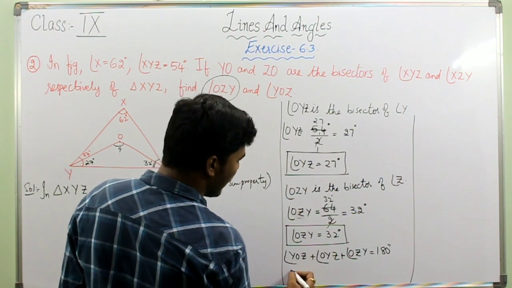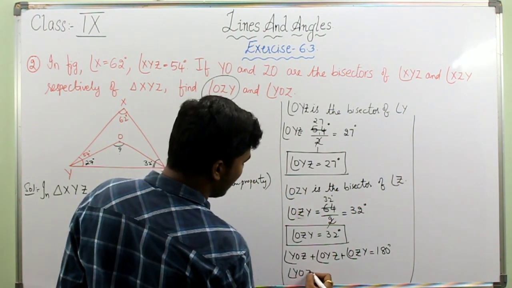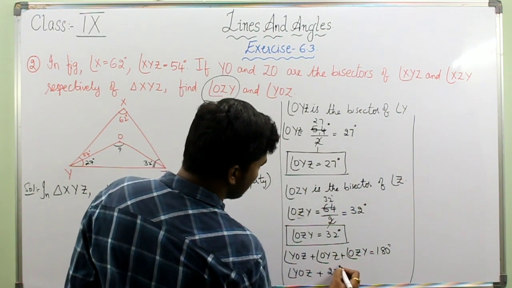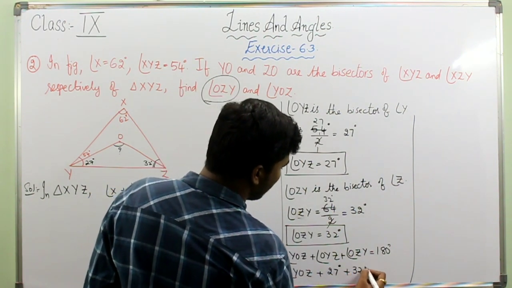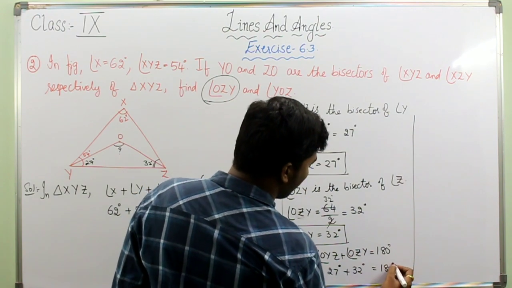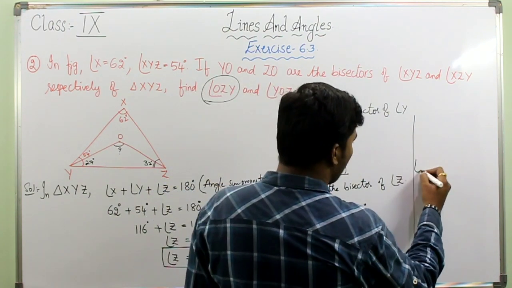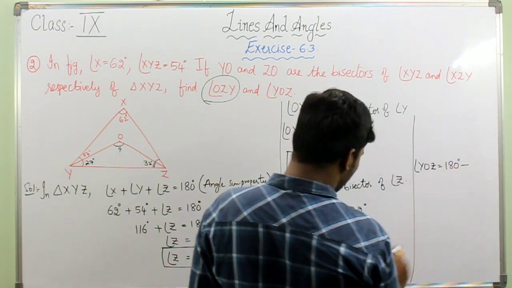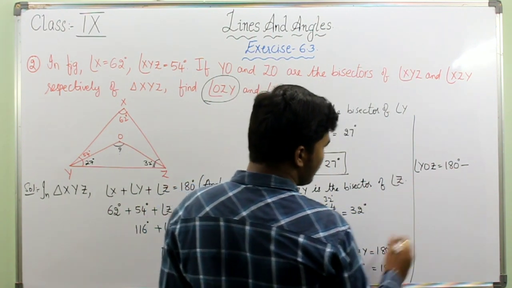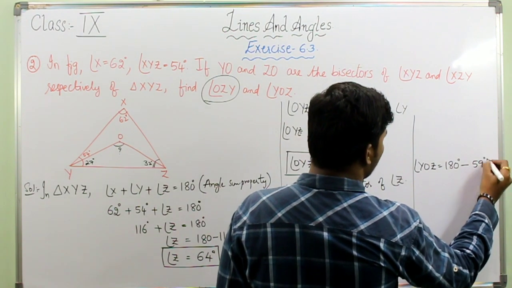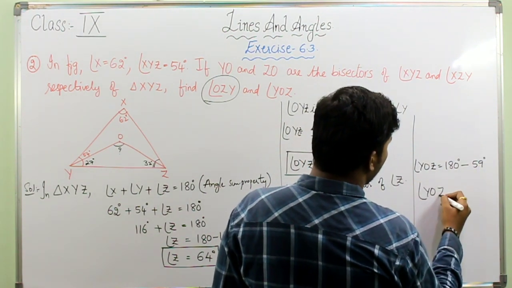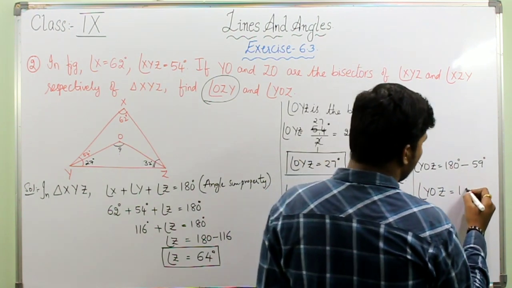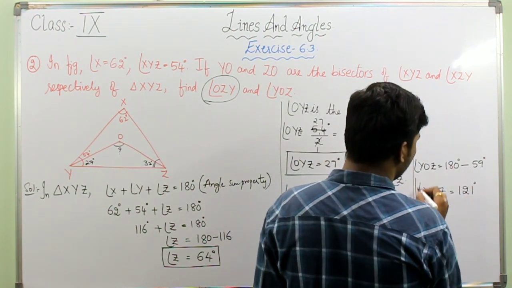In that, YOZ we don't have, which we have to find out, plus 27 degrees plus 32 degrees is equal to 180 degrees. From that, angle YOZ is equal to 180 minus 59 degrees, so angle YOZ will become 121 degrees.